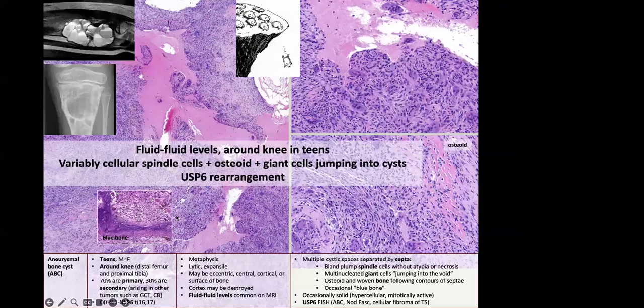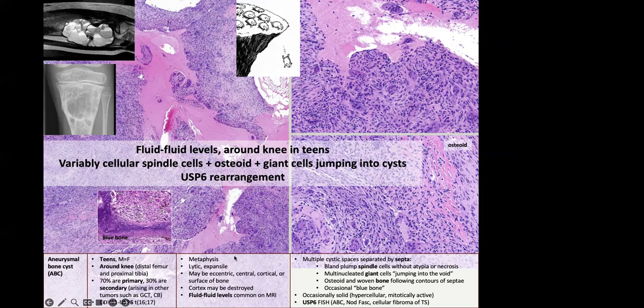Also on the differential of a giant cell rich tumor is aneurysmal bone cyst. Characteristically, you will see or hear the term fluid levels, meaning blood on blood or blood on serum on MRI, if it's a cystic lesion, because as you know, you can also get solid variants of aneurysmal bone cyst.